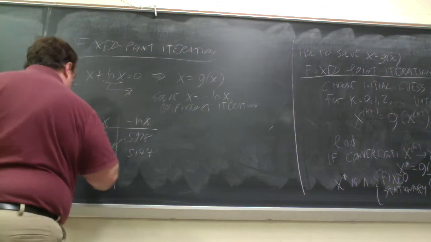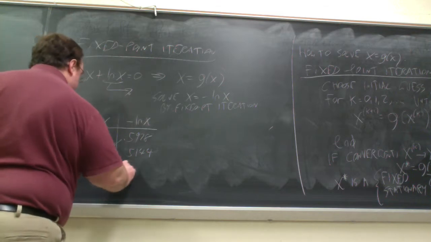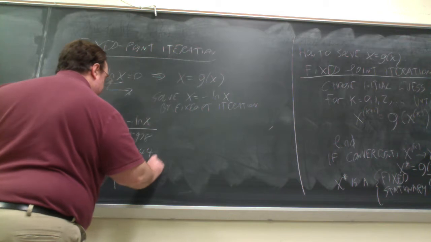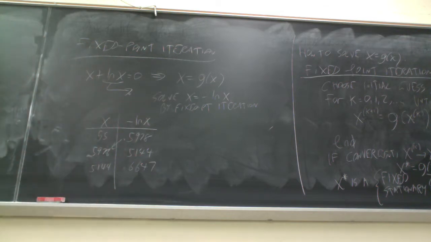So I plug in 0.5144, and I get 0.6647. So this is a rather negative development. By bisection, this would never happen. You keep taking midpoints of intervals, and you just stay in the interval you started with, 0.5 to 0.6 in this case. So if we're getting values outside the interval, then this is not a good sign.